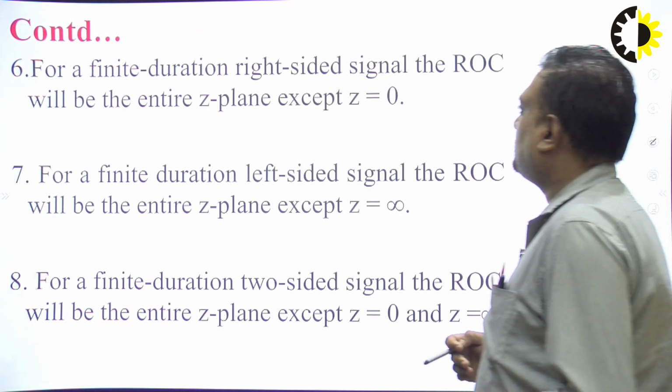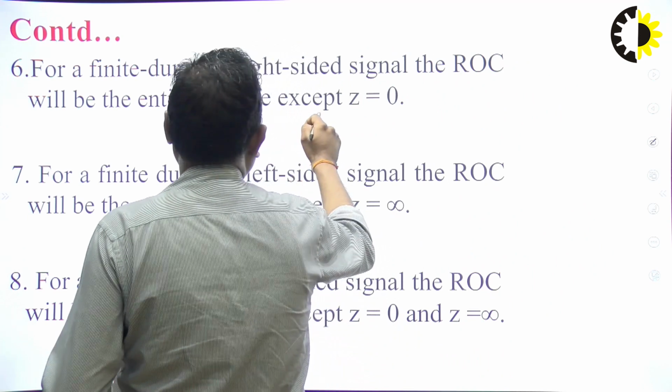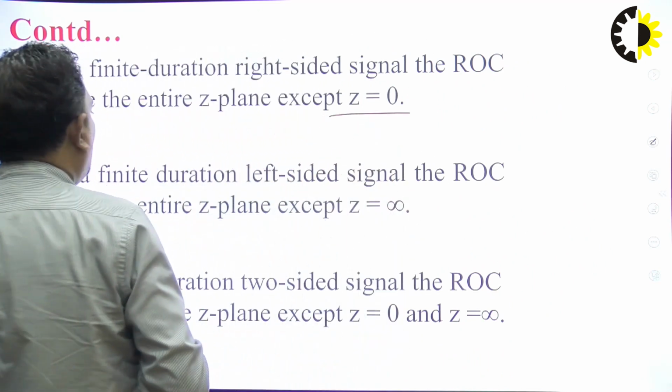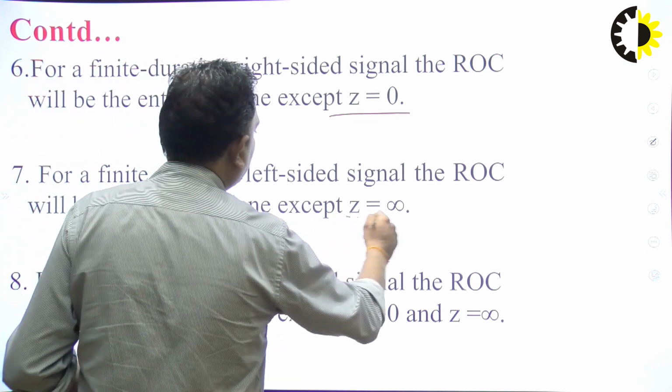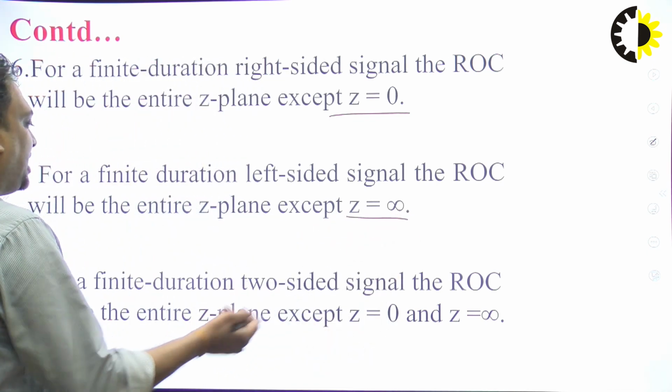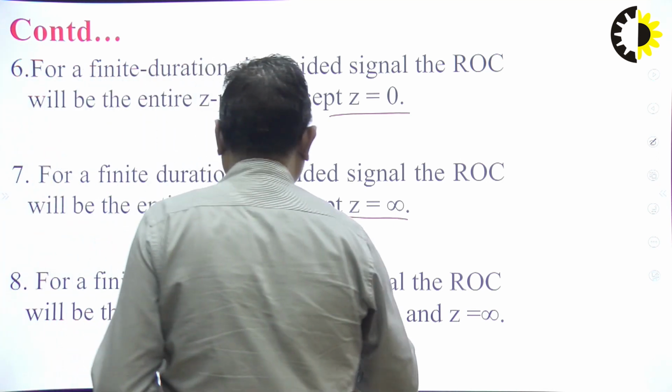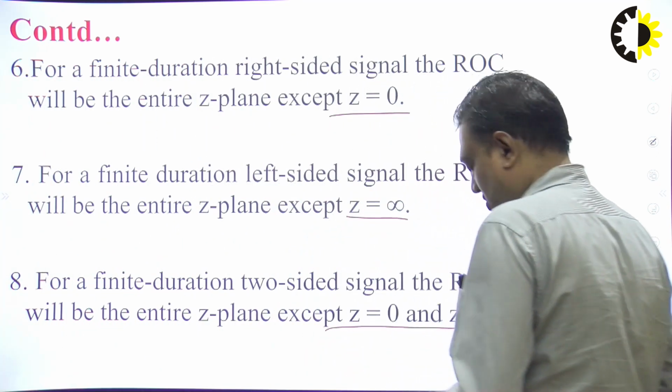For a finite duration right-sided signal, the ROC will be the entire z plane except z equals 0. For a finite duration left-sided signal, the ROC will be the entire z plane except z equals infinity. And for a two-sided signal, we have already seen the ROC is the z plane except z equals 0 and z equals infinity.